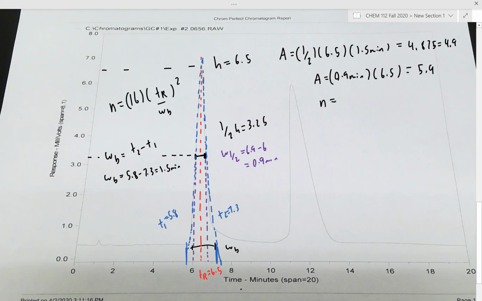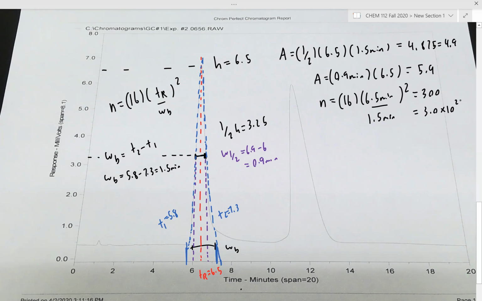So for this peak, N would be 16 times our retention time of 6.5 over our peak width, which will use the overall peak width of 1.5 minutes squared, and that gives us a number of theoretical plates of roughly 300, which we'll write as 3.0 times 10 to the second.